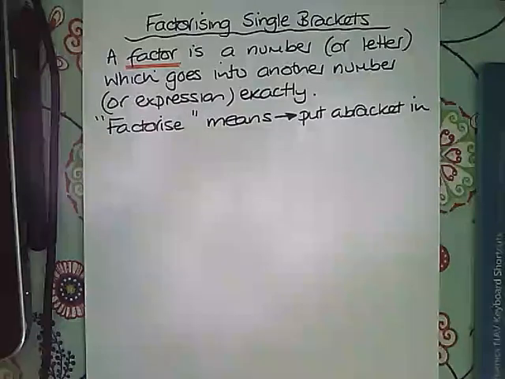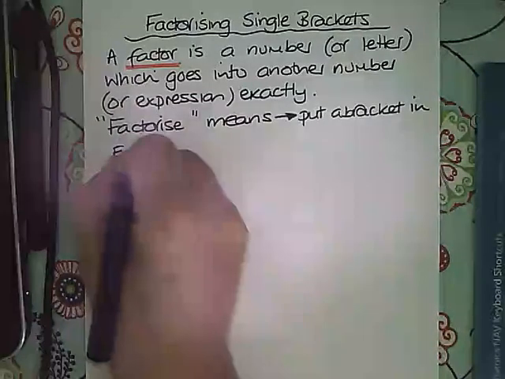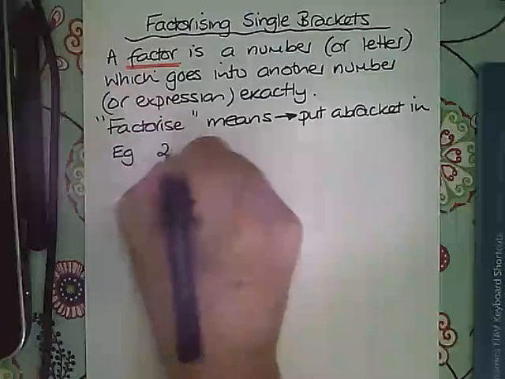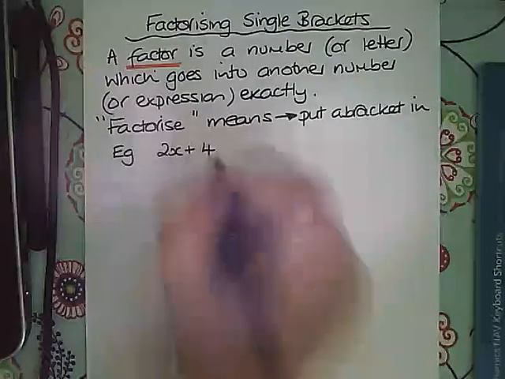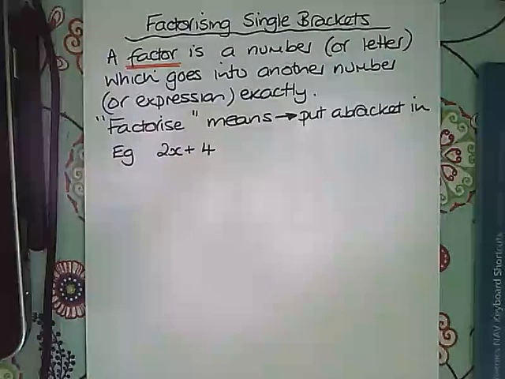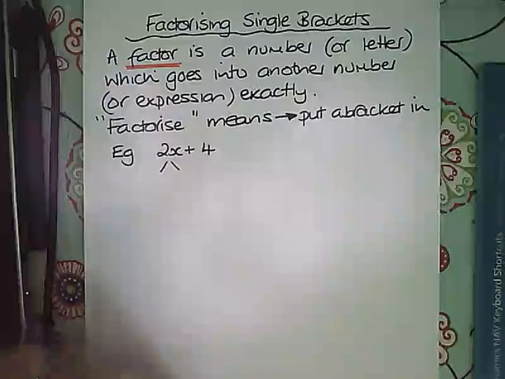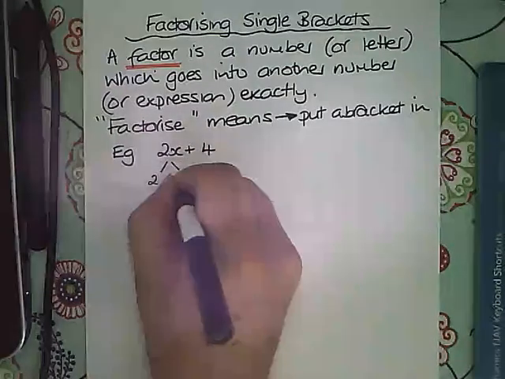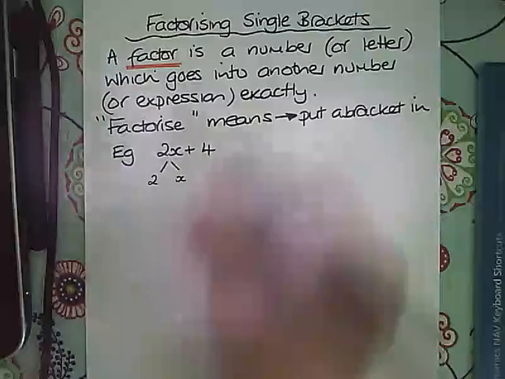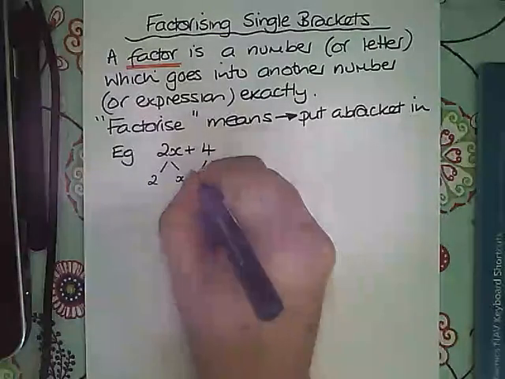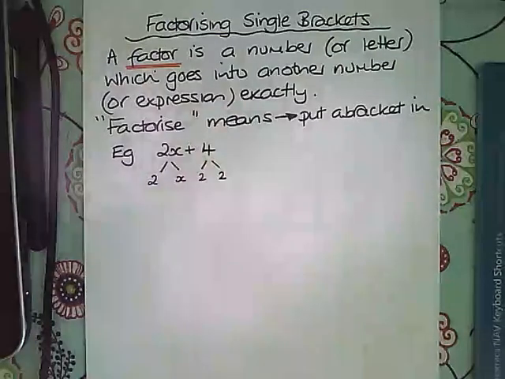Okay, so I'm going to do an example, and the first example is 2x plus 4, and we are being asked to factorise that. Now, in the past you might have come across factor trees. If I did a little factor tree for 2x, it would be 2 times x, and if I did one for 4, it would be 2 times 2.